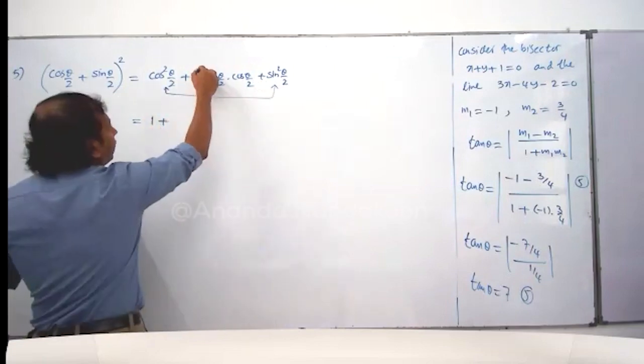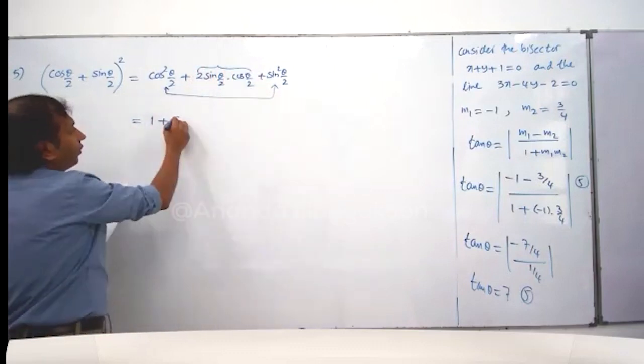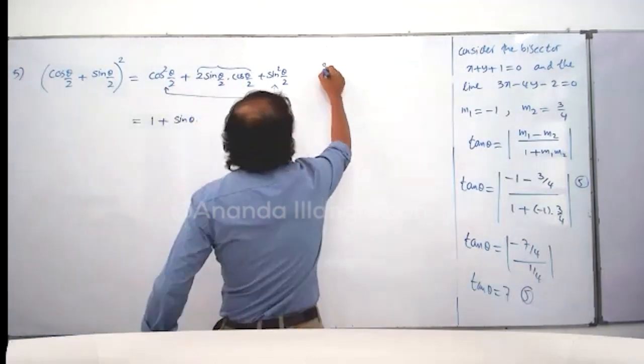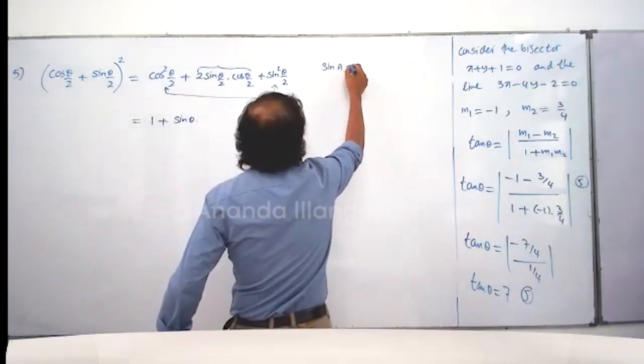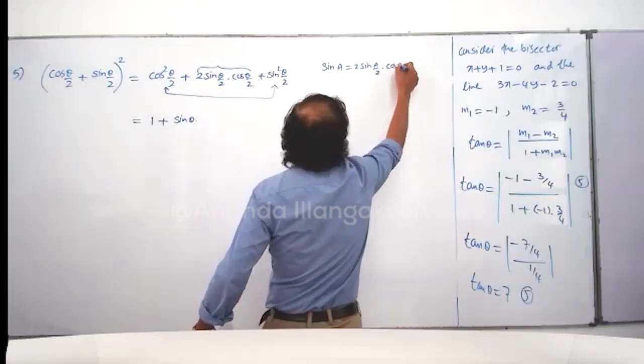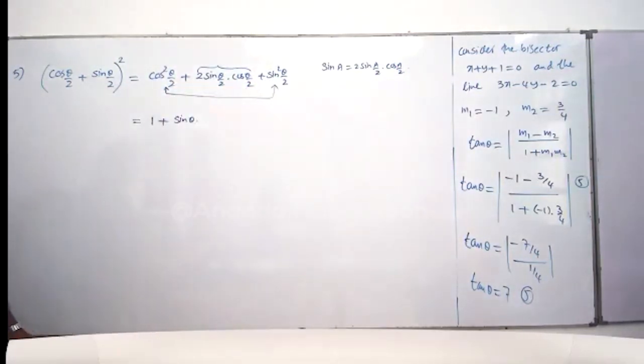Here, 2 sin theta by 2 cos theta by 2, by half angle formula, what is that? Sin theta. You know this formula, no? Sin A we can write as 2 sin A by 2 into cos A by 2. Yeah, that answer is okay.